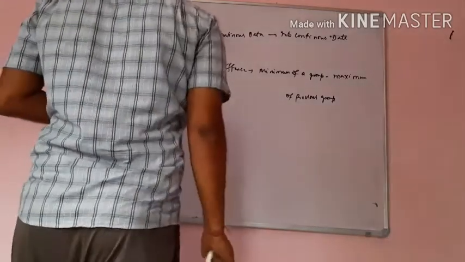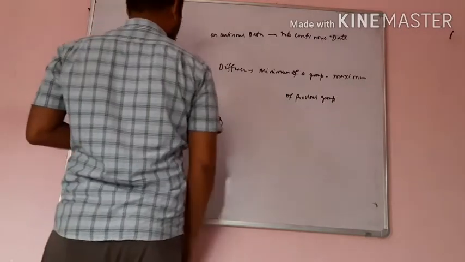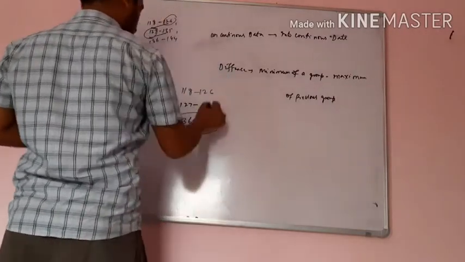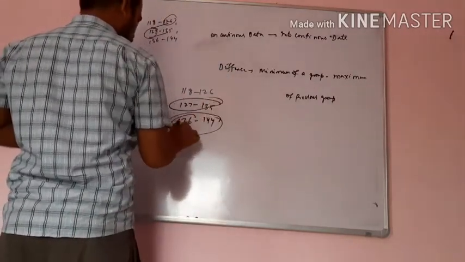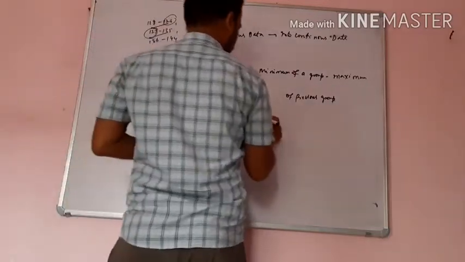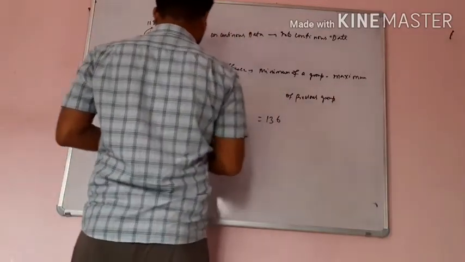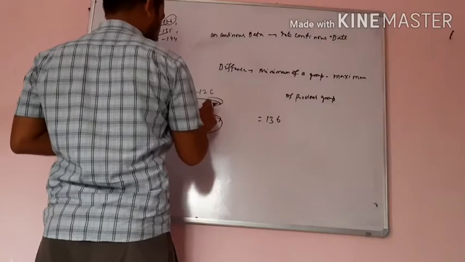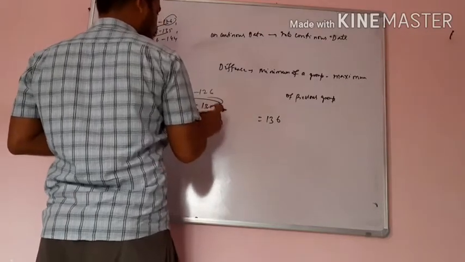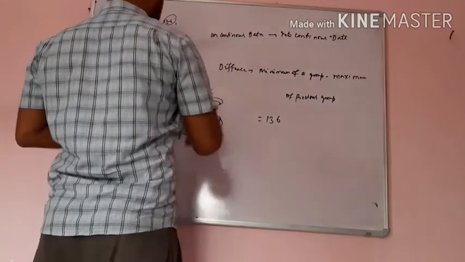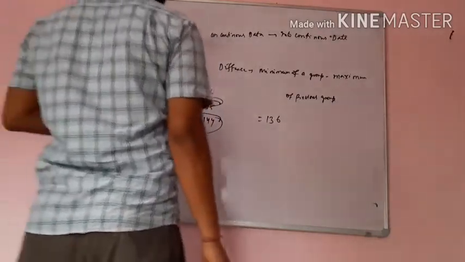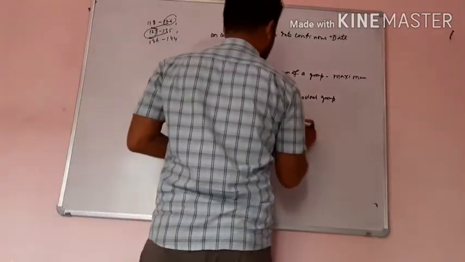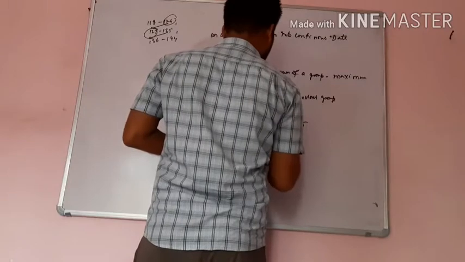Take any group. Suppose we take 136. The minimum of this group is 136, and the maximum of the previous group, the previous class interval from 136 being 127 to 135, is 135. So 1 comes.